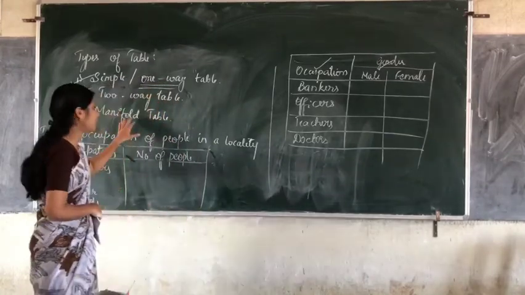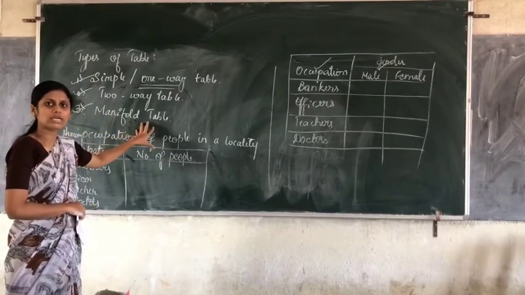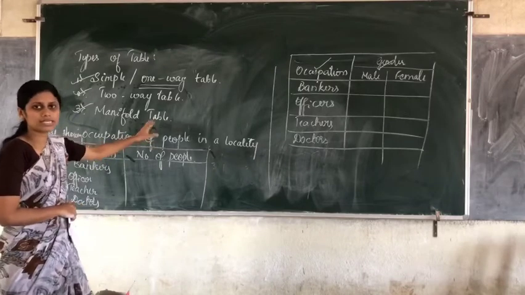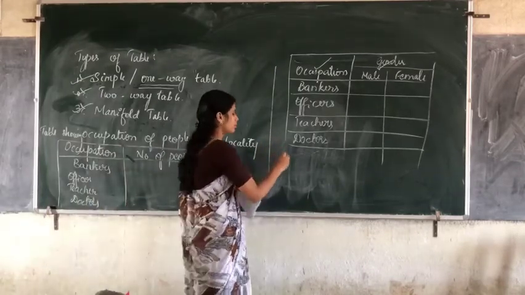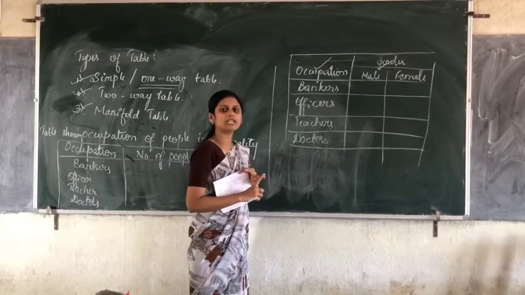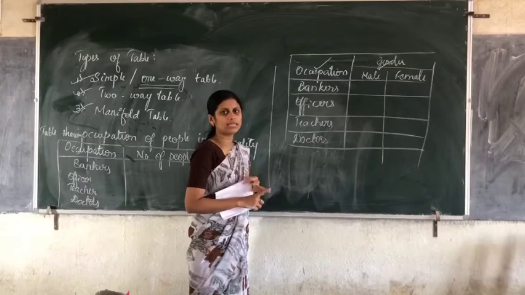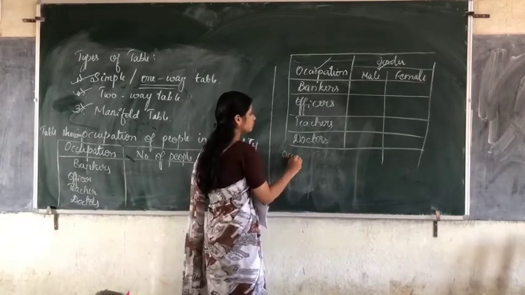If a table contains more than two characteristics, then it is called a manifold table. For example, if you are going to present the occupation, gender as well as marital status of the people of a particular locality, then it is called manifold classification. See, occupation.